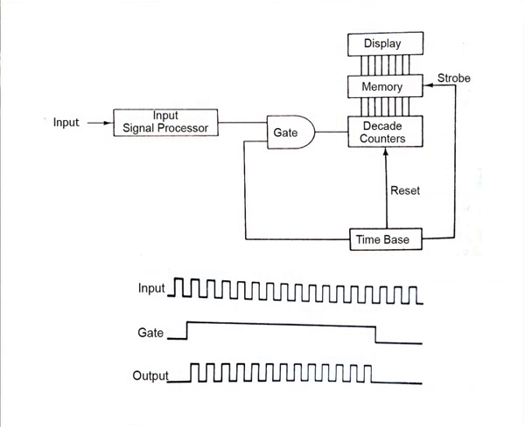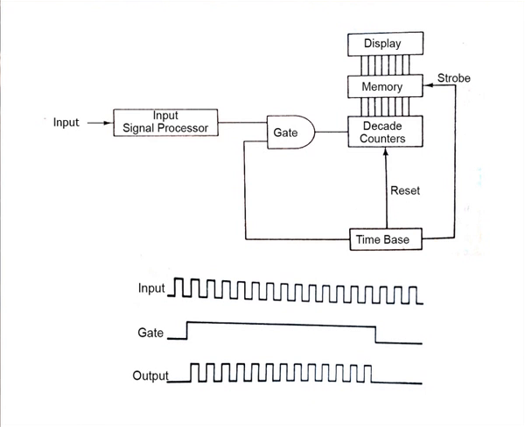Now, in case the time base produces a pulse at the input of the AND gate of, say, 1 millisecond, then at the output of this AND gate we will obtain the count in the counter in the units of kilohertz, because we will be obtaining the count as the number of pulses reaching the counter in 1 millisecond.